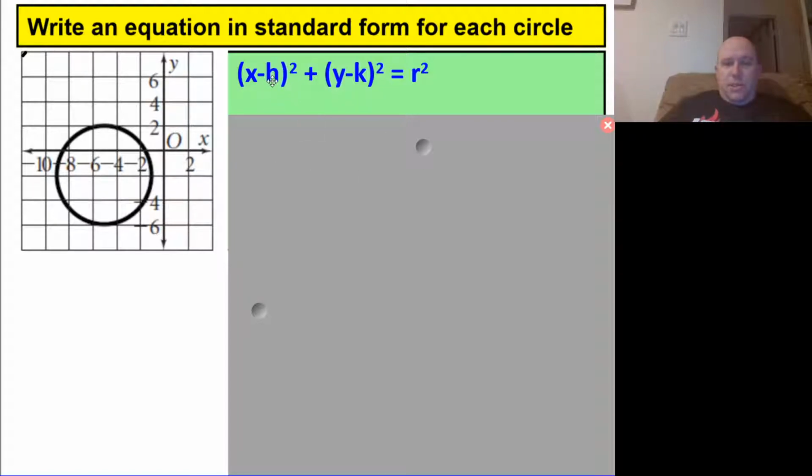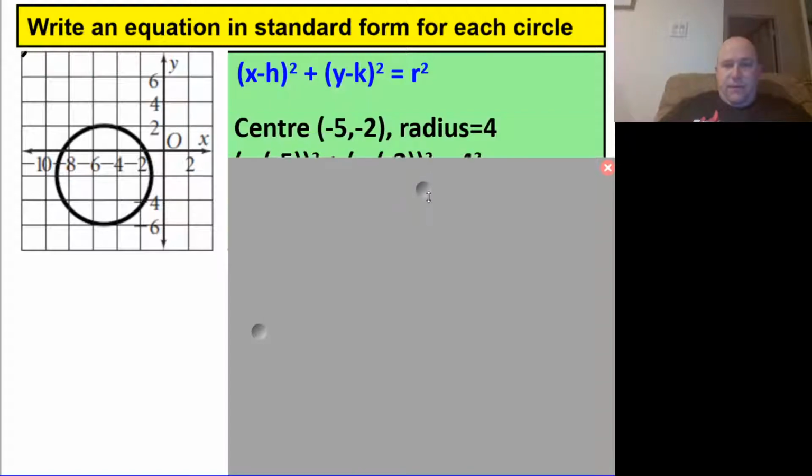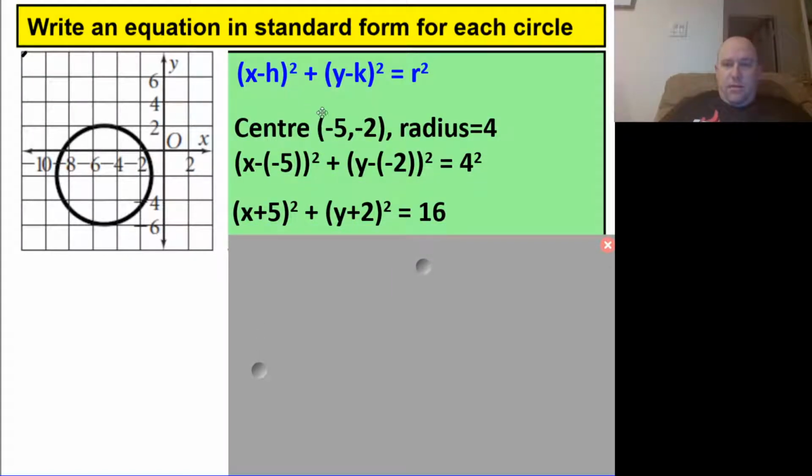When you substitute in there, the negative of -5 would turn out to be +5, and the opposite of -2 would give me +2. I would normally just go straight from here to here, but if you need to summarize first and then substitute in, you can certainly do that. The radius is the distance from the middle to the edge, so 2 squares, so 2, 4, as each square was worth 2, and then 4 squared equals 16.